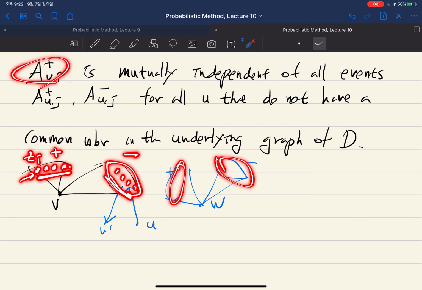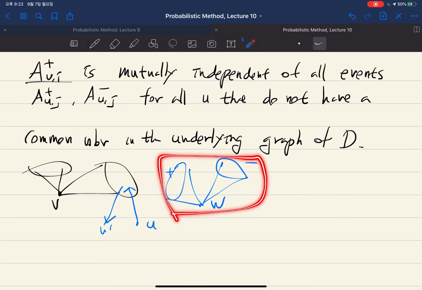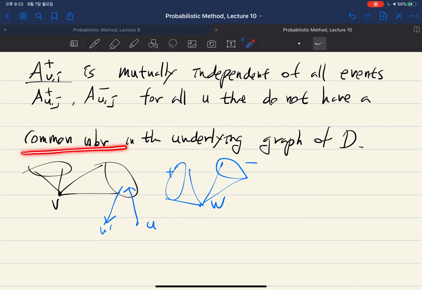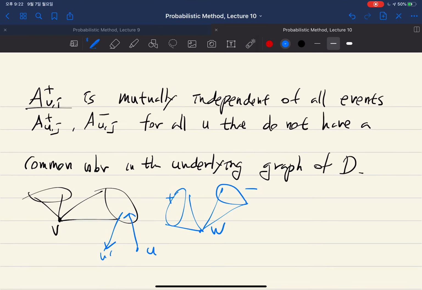But these events are not related to those independent random variables. So all those events where w is not sharing any common neighbor in the underlying graph of D with v, this event is mutually independent of them.